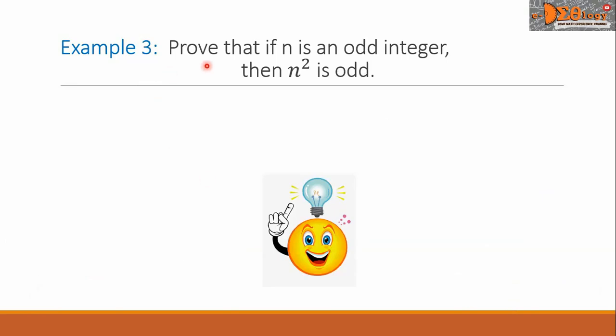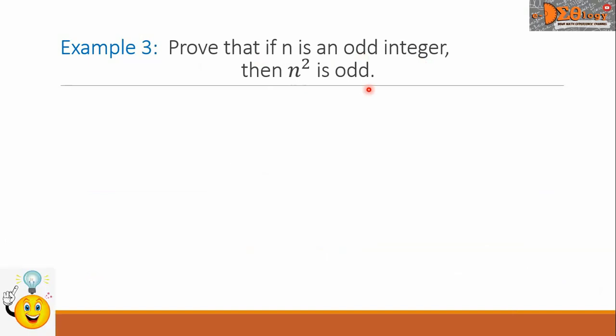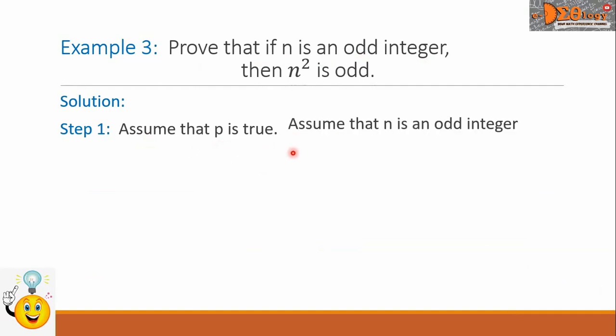Example 3, prove that if n is an odd integer, then n squared is odd. Step 1 is we assume that P is true. It means we will assume that n is an odd integer.